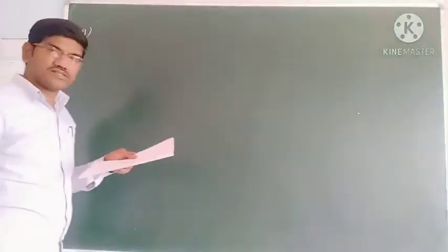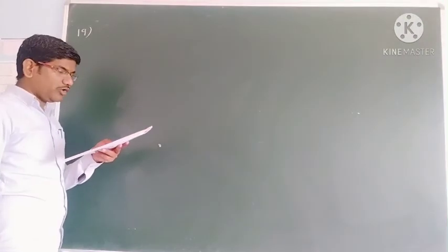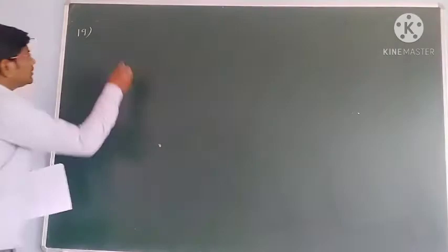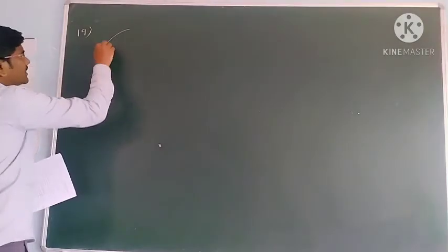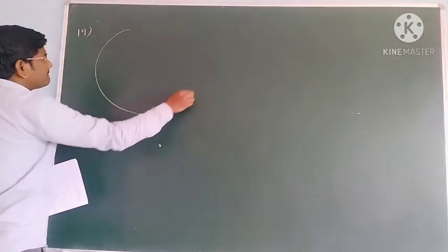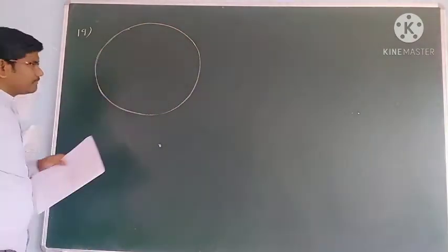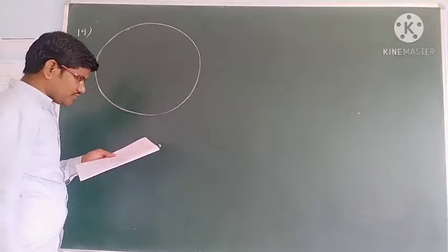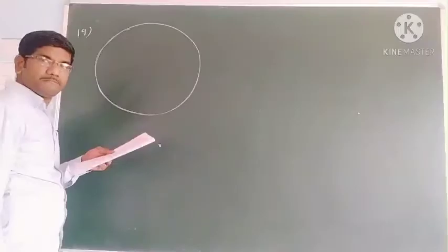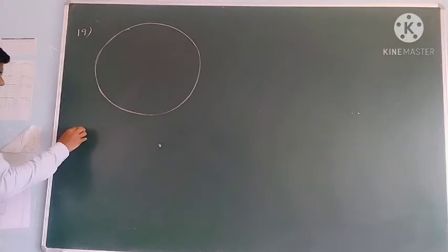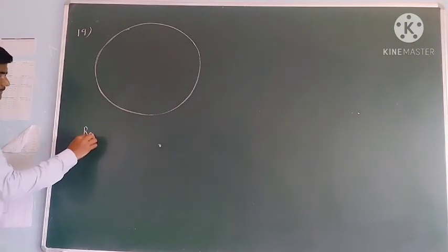Okay, students, now see next one: a body moving along a circular path. So a body moving along a circular path of radius 21 meters.